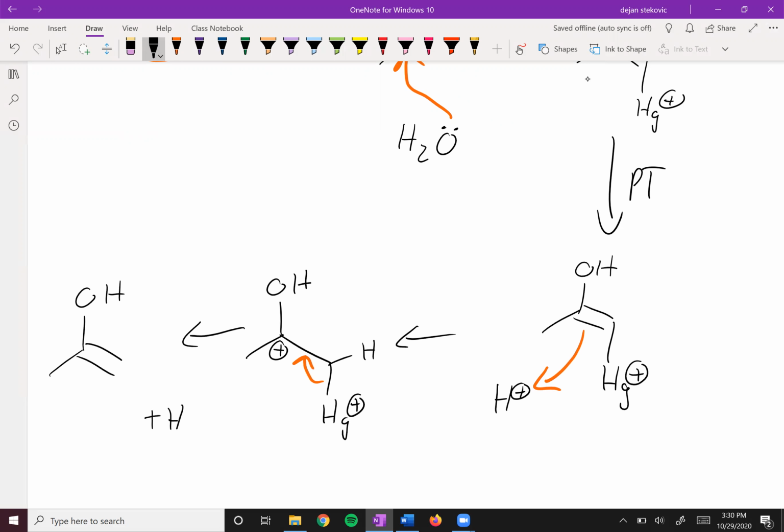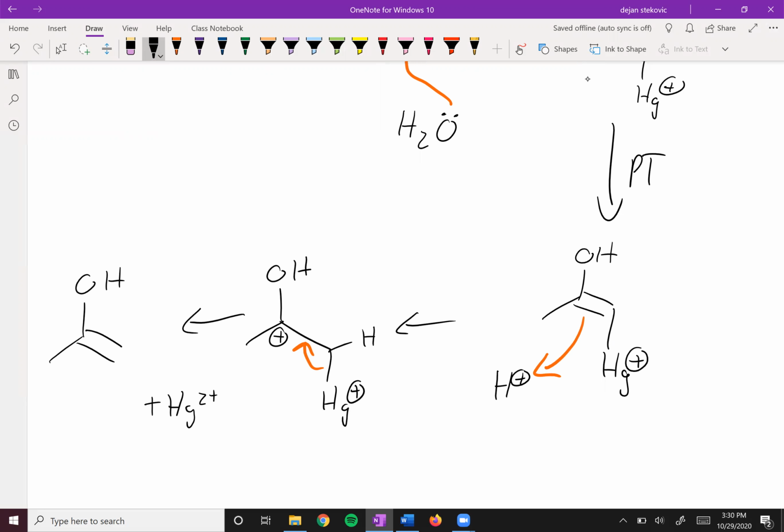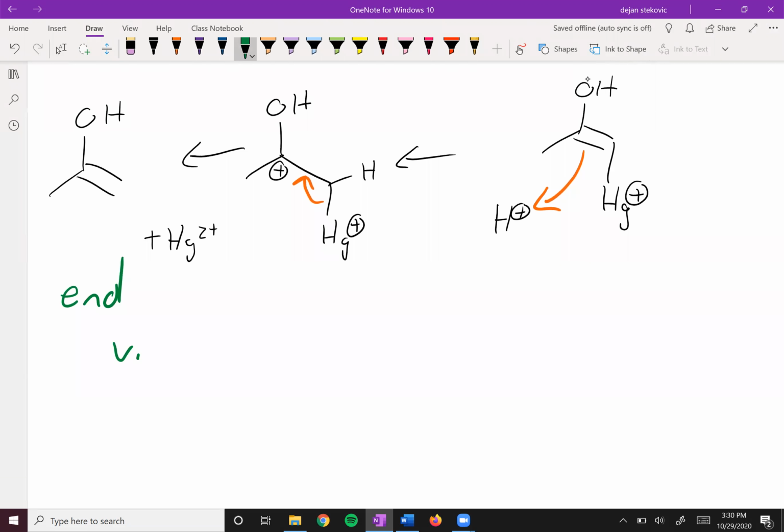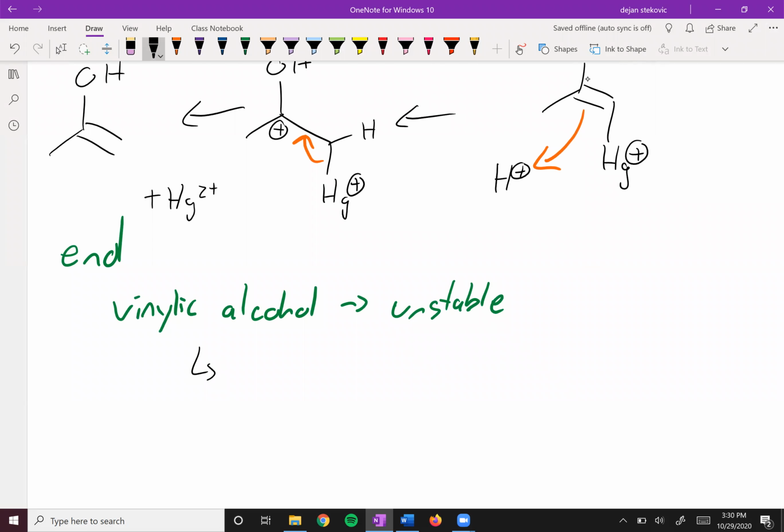So then the mercury just leaves, and we're left with an alkene. And so this is what's known as an enol. It's essentially a vinylic alcohol. And for the most part, it's relatively unstable. And so since it's unstable, it's going to undergo tautomerization.